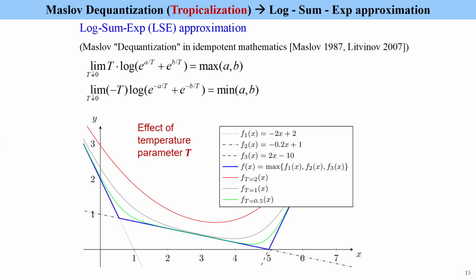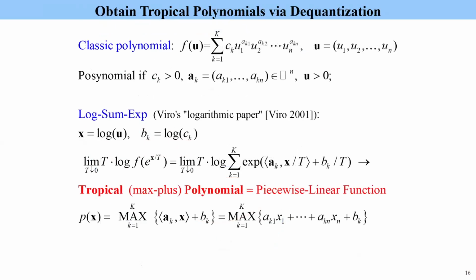So this is the concept of dequantization or tropicalization, and it is used extensively by Maslov and his colleagues, and also other groups in going from classical, let's say, smooth functions to these tropical functions.